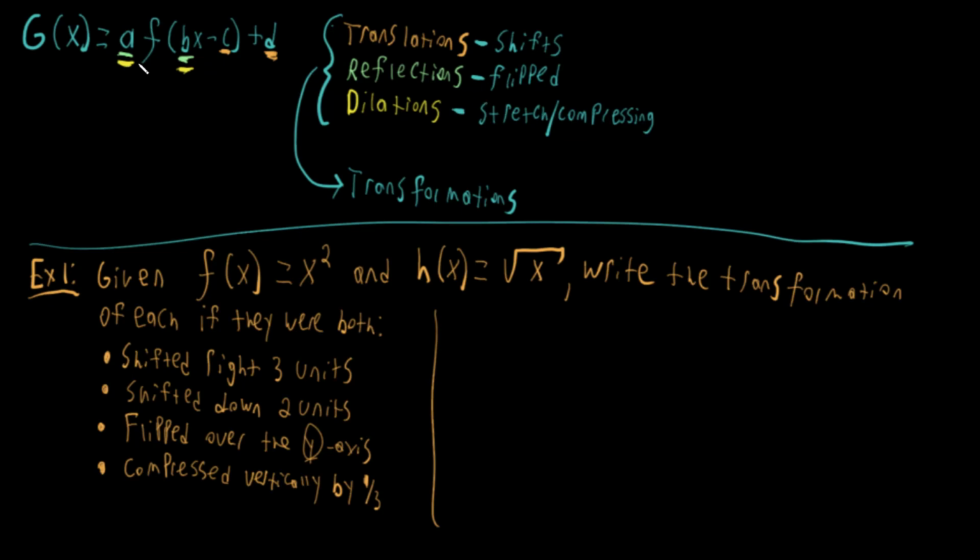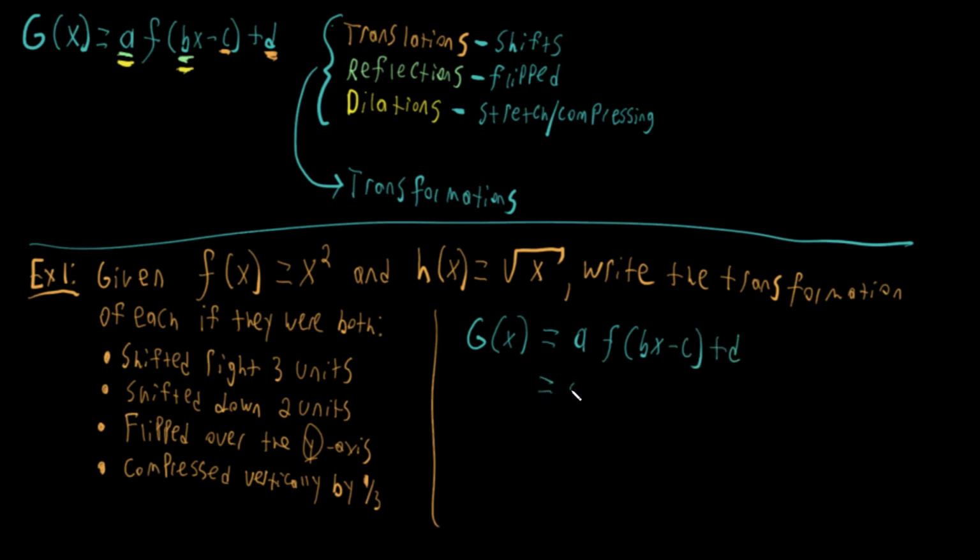So for our f of x, this is going to be a, whatever a is, times f of bx minus c plus d.